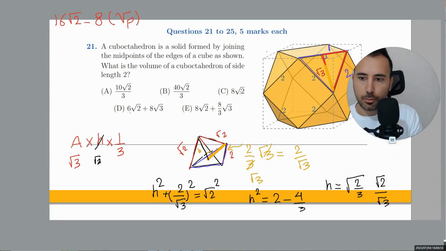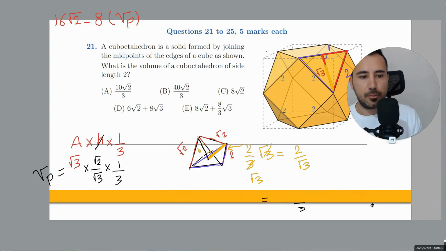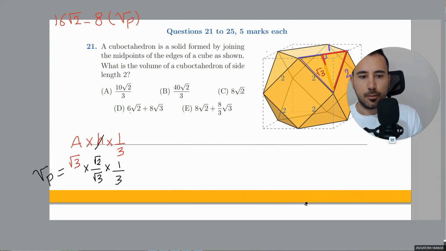Square root of 2 over square root of 3 multiplied by 1 over 3. So this will give us the volume of the pyramid. We have it. Let's just go and simplify. We no longer need any of these. So let's simplify a little.